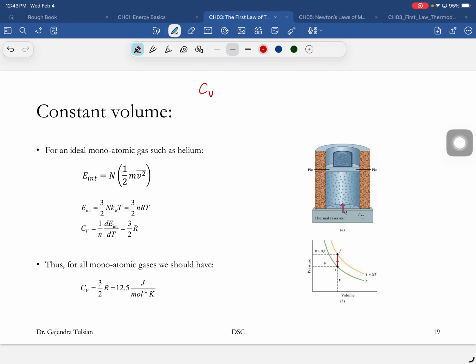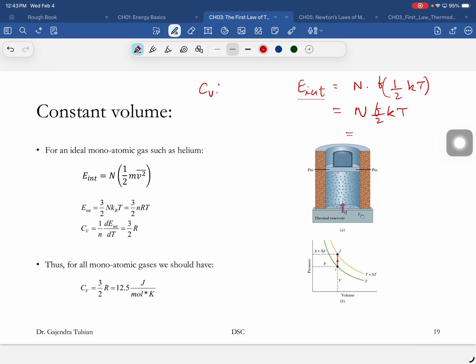Now the total internal energy of a gas is the number of molecules of the gas, N, times F, where F is the number of degrees of freedom per molecule, and each degree of freedom contributes F/2 kT to the internal energy. So the total internal energy of a gas is N times F/2 times kT.